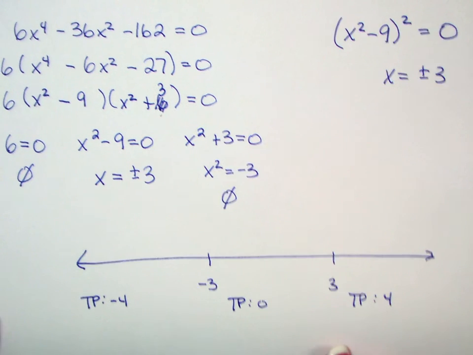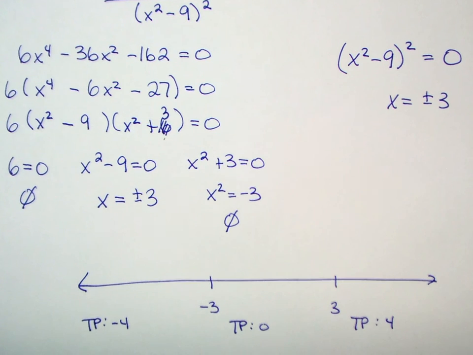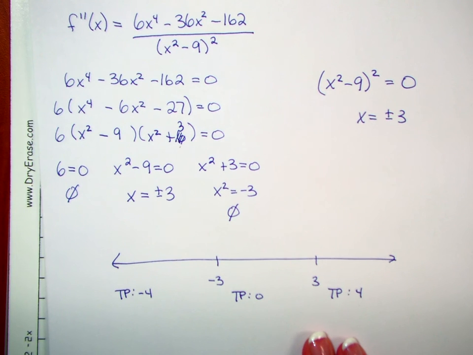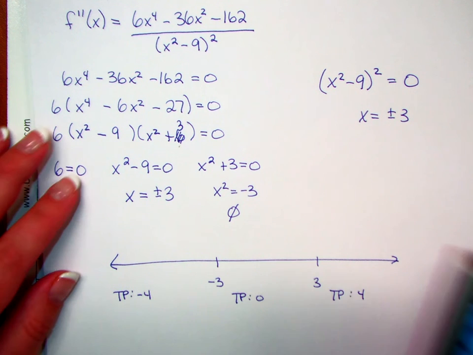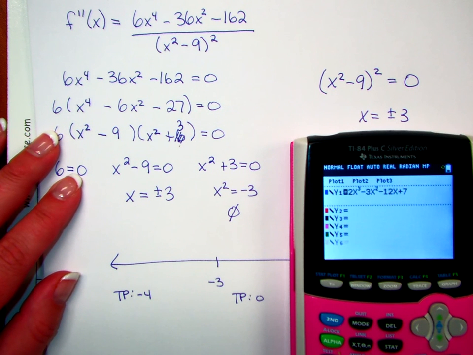And then I want to plug these values into the second derivative here. So I think I'm going to opt to use my calculator here. So I'm going to put this into my y equals 6x to the 4th minus 36x squared minus 162 divided by x squared minus 9 squared.